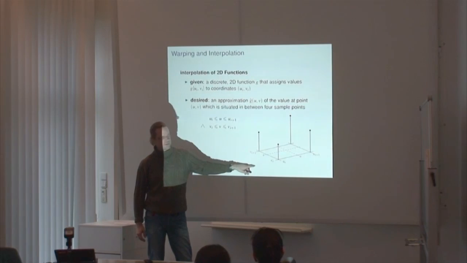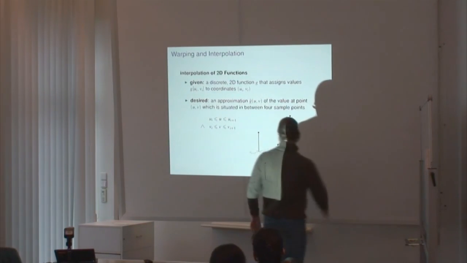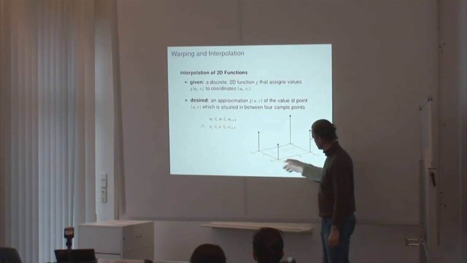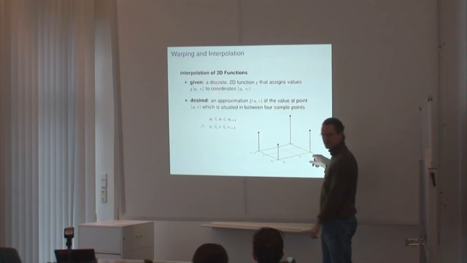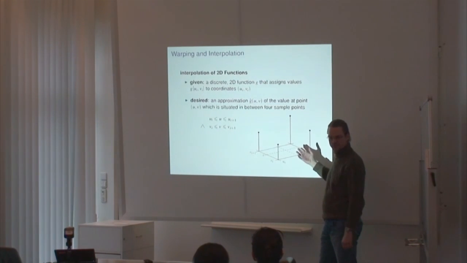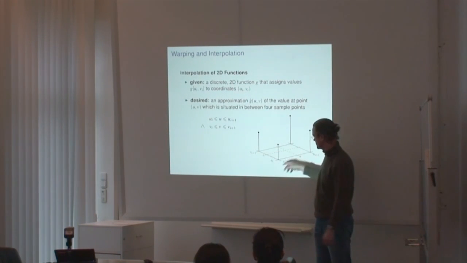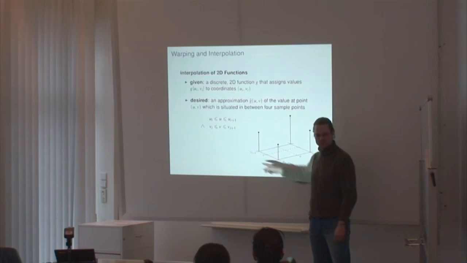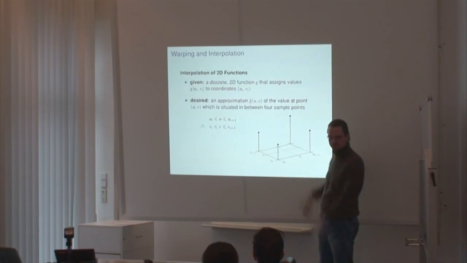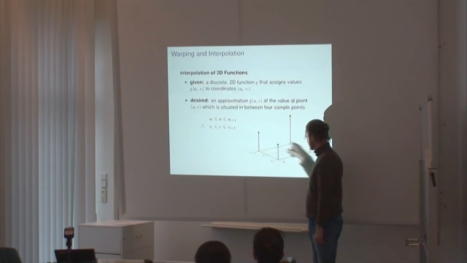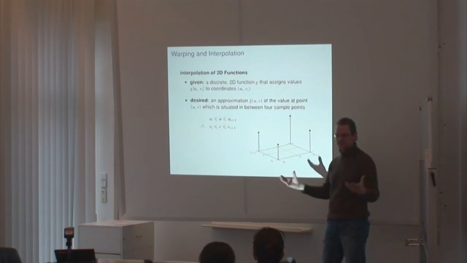If we do nearest neighbor interpolation at this point here, we can just look for the closest coordinate and read the value from there. Right? For nearest neighbor interpolation, u and v do not have to be situated in between these four coordinates. It can be here, can be whatever. For nearest neighbor interpolation, we can always find the closest coordinate of all the pixels we are given.